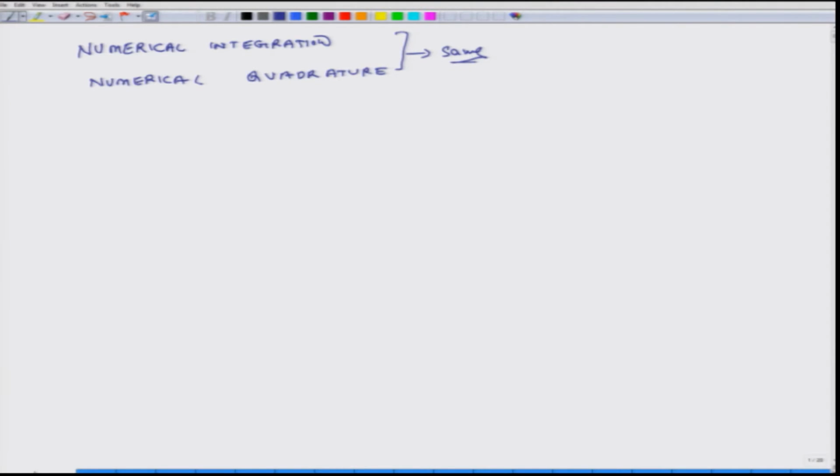They essentially imply the same idea, where a function, let us say this is x and this is some function f x, and what I am trying to integrate is this function over the domain x a to x b.